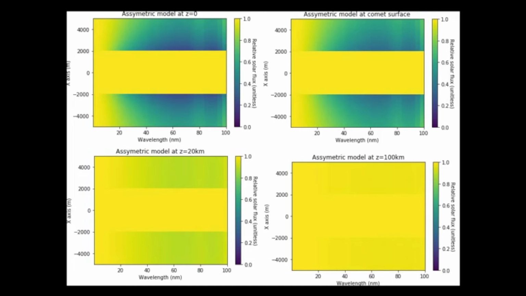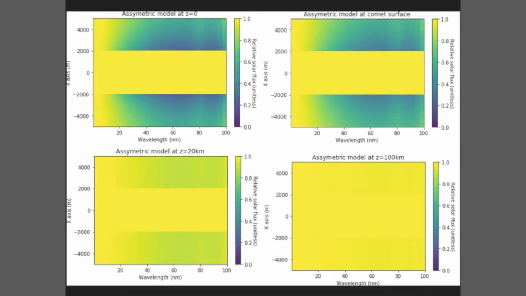And we can see that as we get further from the nucleus, the optical depth is decreasing, and so the coma is getting less attenuated. Those values are then used for calculation of production rate and possibly other quantities.